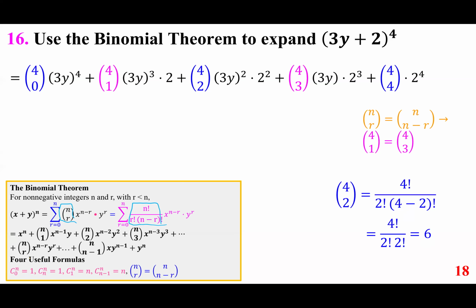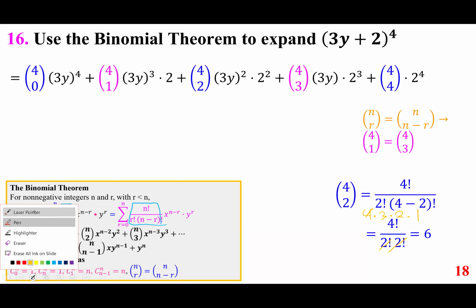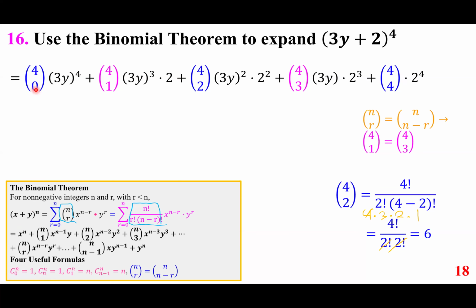The top is 4, 3, 2, 1. 2 factorial is the same as 2. So the answer is 6. In other words, we have this one as 1, this one as 4, and this one was the only one we needed to calculate, as 6.